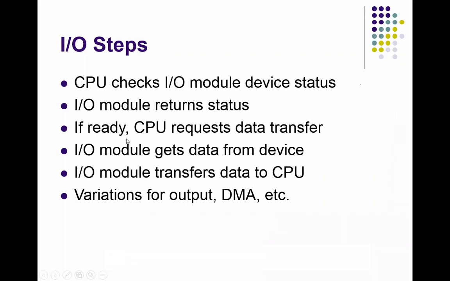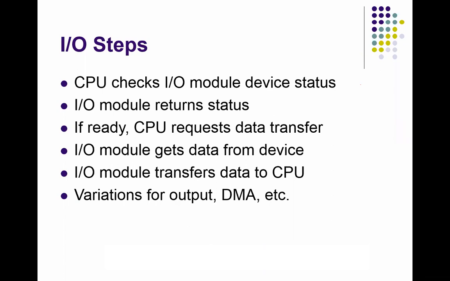If ready, the CPU requests the data transfer. Then the CPU waits for the data transfer, and the IO module gets the data from the device. Who gets the data? The IO module.